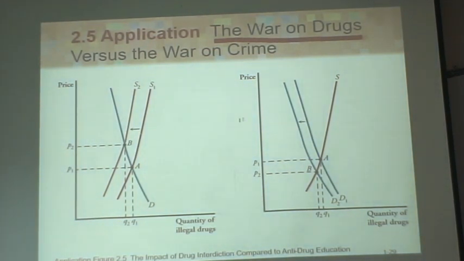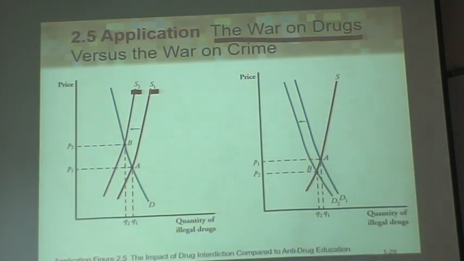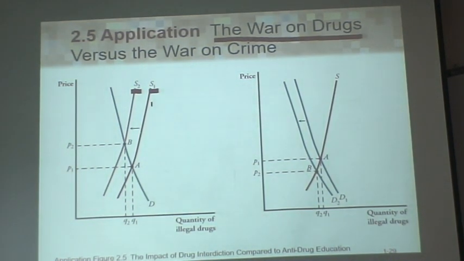Okay, let us turn to the story. So what's the story here? So S1 is here, and S2 is here. So assume this is the original supply of drugs. But let us say the government had a campaign on cracking down on the drug dealers.